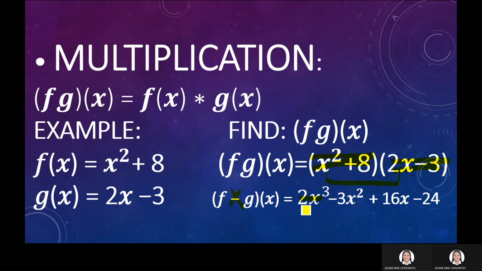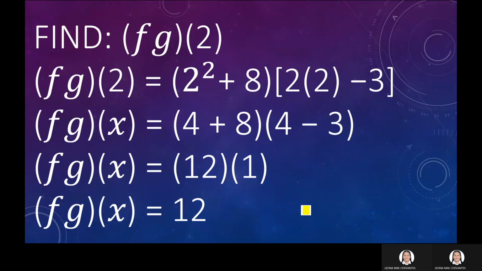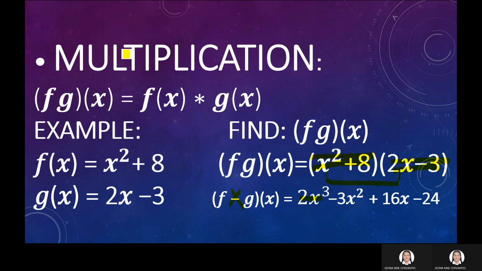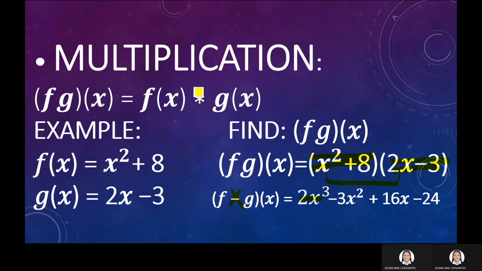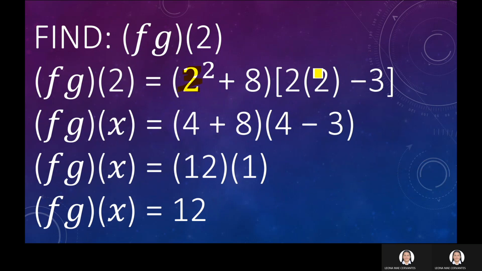Next, find f times g of x if x is equal to 2. Again, the value of f of x is x squared plus 8. So we have 2 squared plus 8. Then for g of x, we have 2x minus 3. So 2 times 2 minus 3.